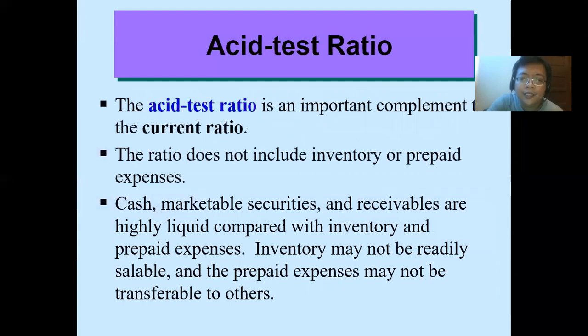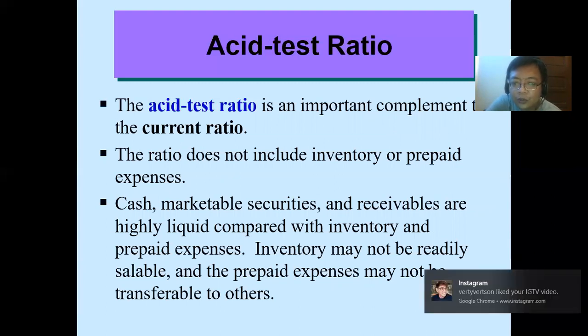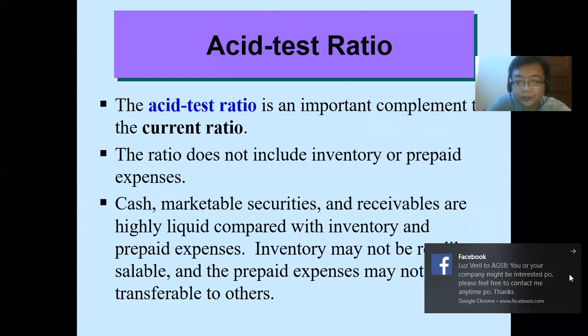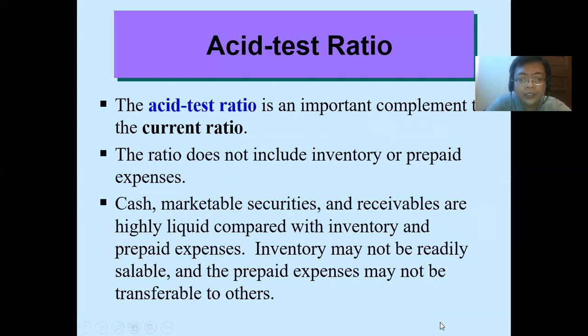Okay. Acid test ratio is an important complement to the current ratio. It does not include inventory or prepaid expenses. That's why only cash, marketable securities, and your net receivables. Why? Because cash, short-term investments, and receivables are highly liquid compared with inventory and prepaid expenses.